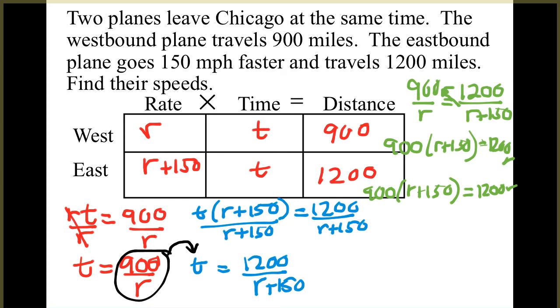I'm going to erase this top portion here so I have a little bit more room. What I get is 900 r plus 135,000 equals 1200 r. Okay? Subtract both sides, get the r's equal to one side.